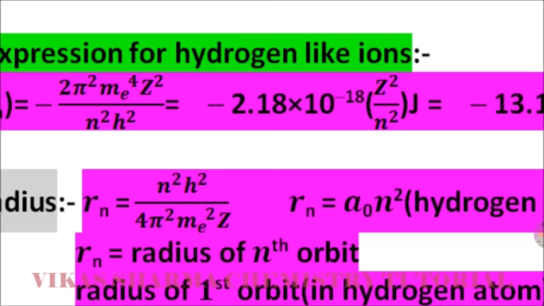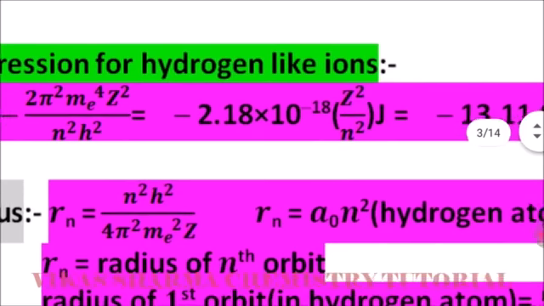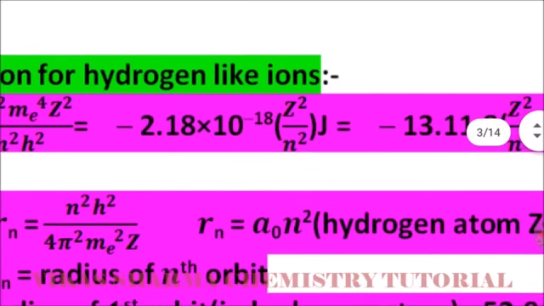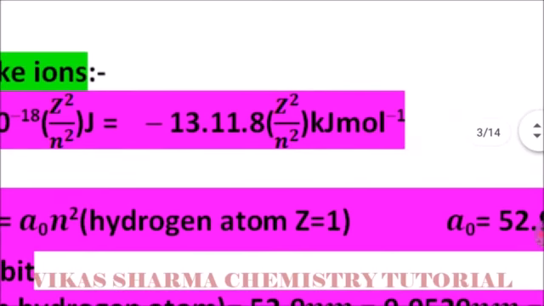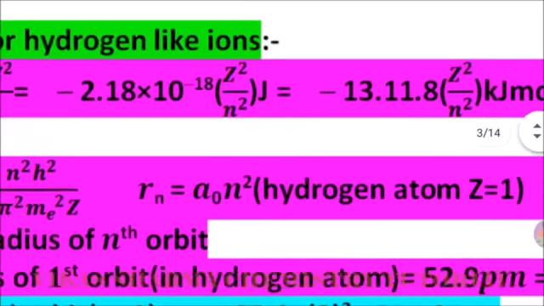After putting in the values, it is minus 2.18 × 10⁻¹⁸ Z² divided by n² joule, or minus 1311.8 Z² divided by n² kilojoule per mole.